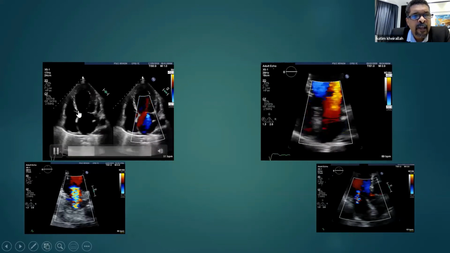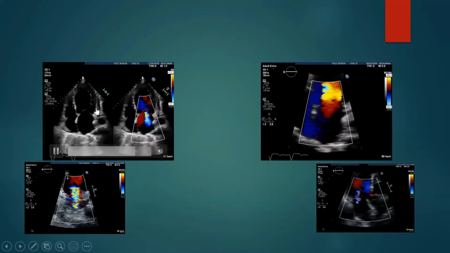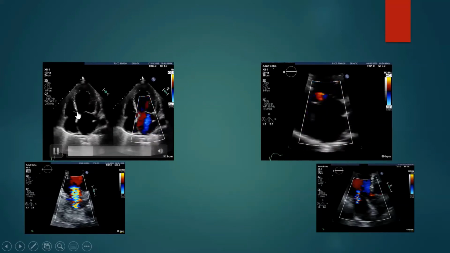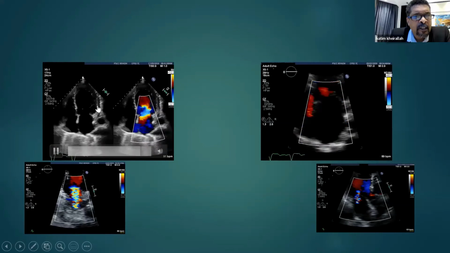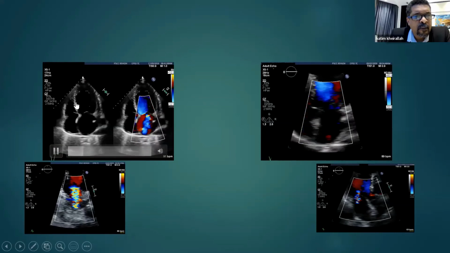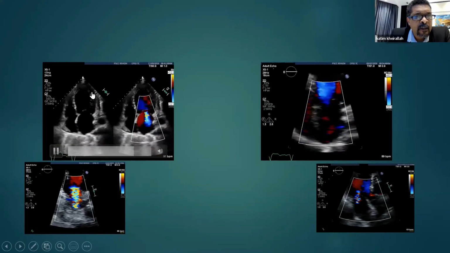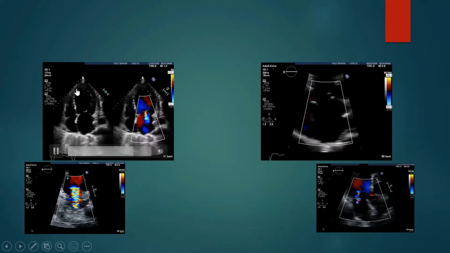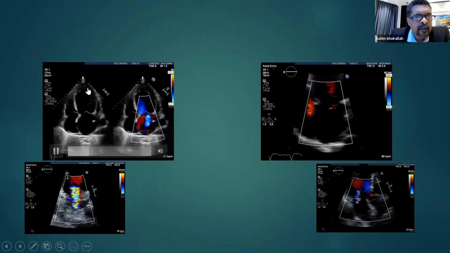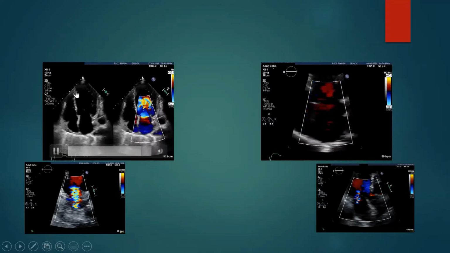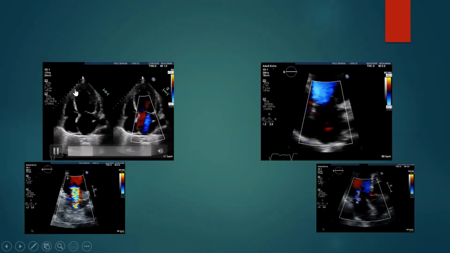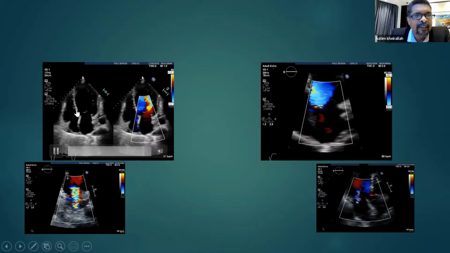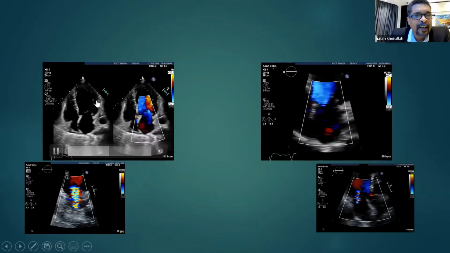What do you think about the LV function? LV also dilated with reduced function. Yes. How much reduction in the LV systolic function could you tell? I can say 40%. Maybe lesser. Okay, 35%, because the image is not clear. Exactly.